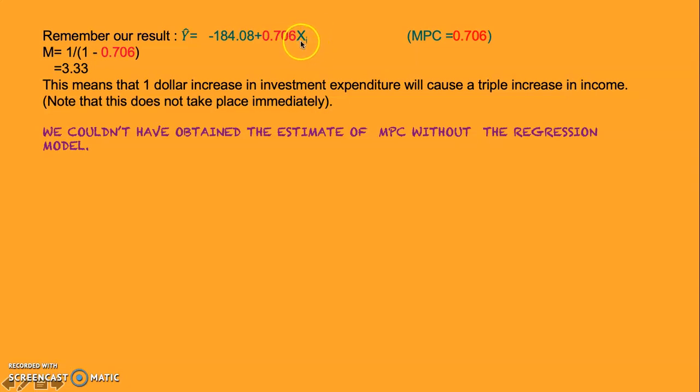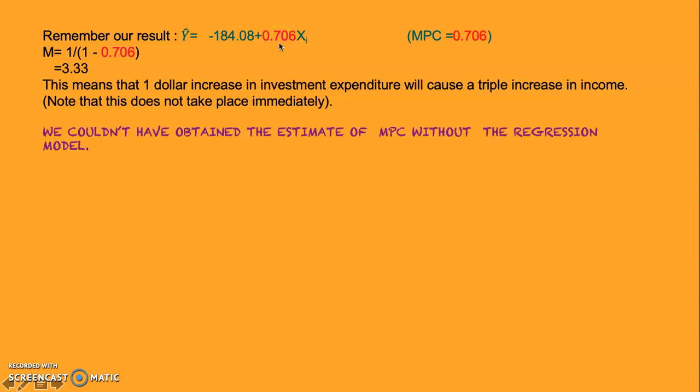Remember that when there is a 1 unit increase in income, the rate of change of consumption expenditure, which is Y, will be 0.706. Therefore, MPC is 0.706, as it has always been in the estimation results.